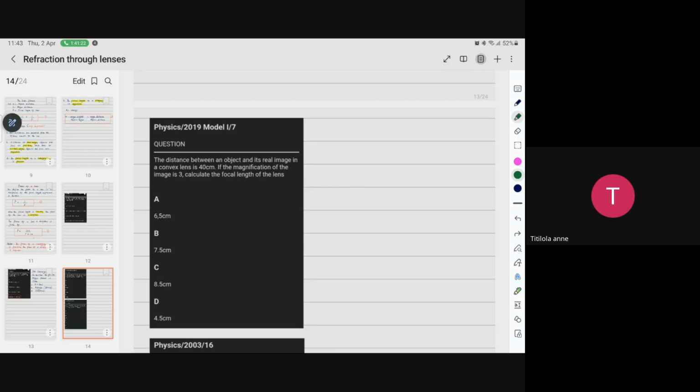So if you cross multiply, we get 3u. That means m is image distance over object distance. They gave us 3 here, which is equal to v all over u, right? So you said that v is equal to 3u.